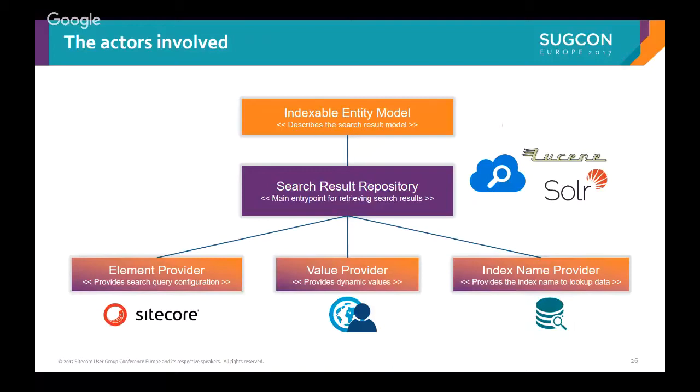You just use the default Solr configuration that ships with Sitecore. The same thing goes for Azure, for instance. So at the end of the day, this guy is just responsible for returning the search results, which at the top level are these indexable entity models. And this is just a domain model for your search results. Think of it like the search result item class that ships with Sitecore now. So it's kind of the same thing.